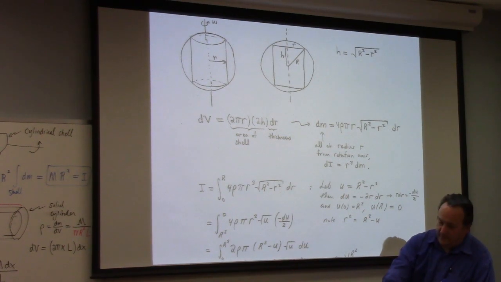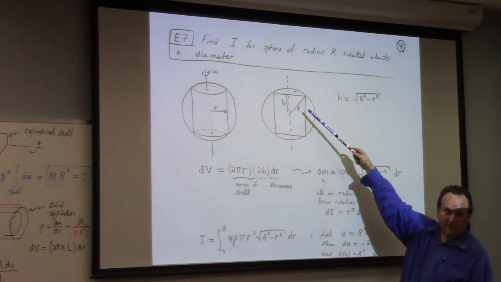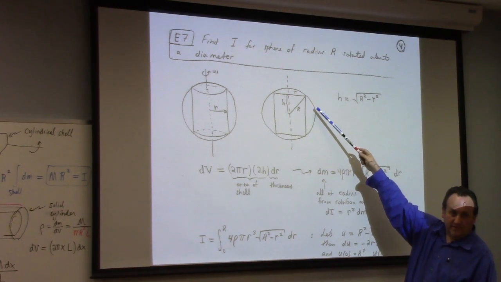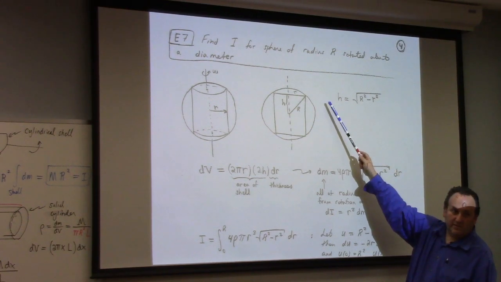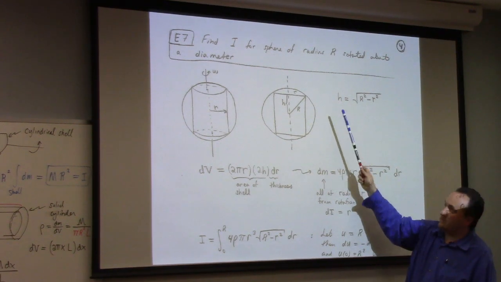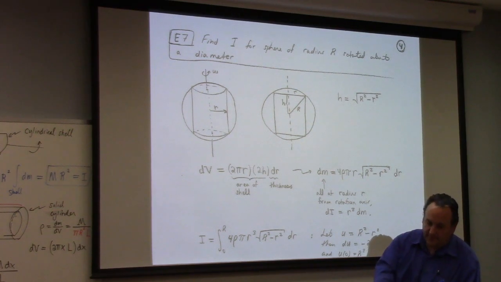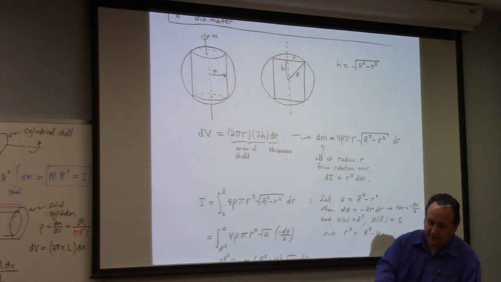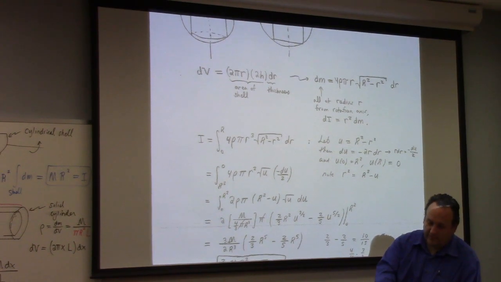But for you guys, since you're drilling out, you've drilled a hole through it, right? So you won't be taking r all the way from 0 to big R. Your little r is going to range from some minimal radius out to big R. And the minimal radius that it would start at, I think, would be the radius of the hole you're drilling.